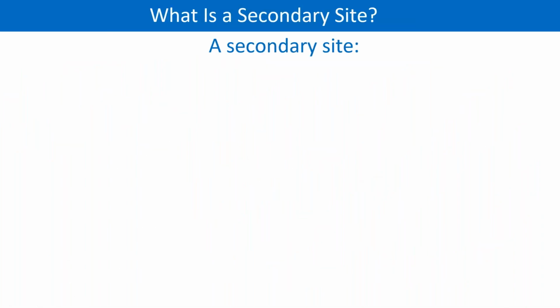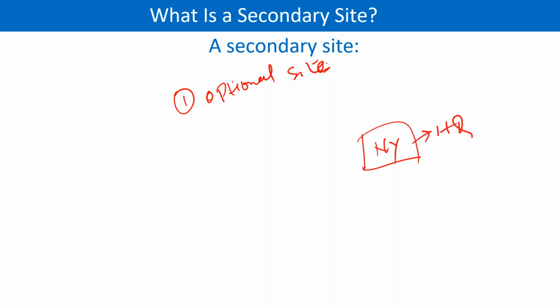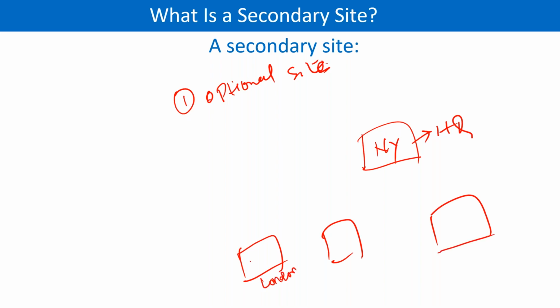Now the secondary site. Secondary comes into the picture when you have devices in a remote location. So this is an optional site, or conditional basis. If you have devices in a remote location, for example, you have headquarter in New York and you have branch offices in 3 different locations: London, 2000 devices; Mumbai, 3000 devices; Hyderabad, 4000 devices.